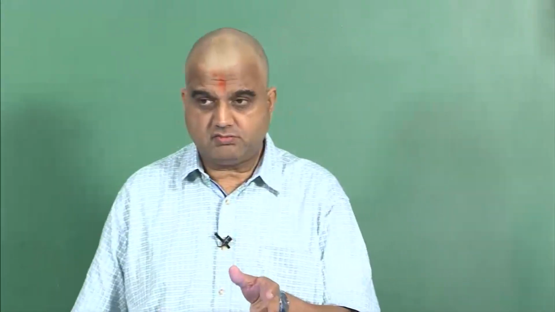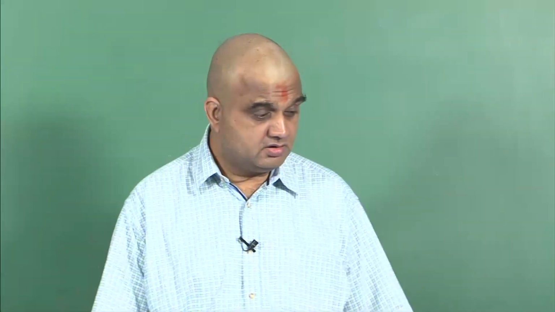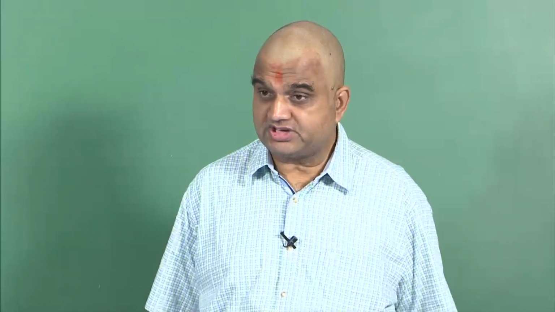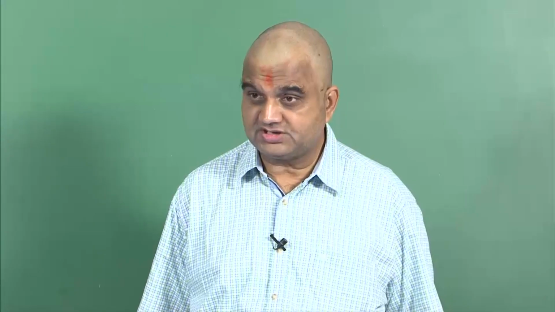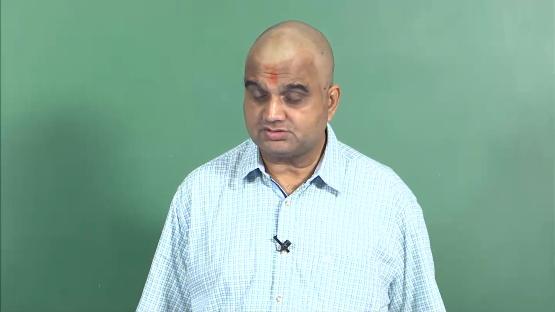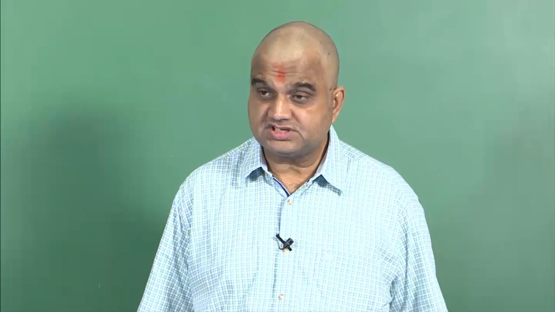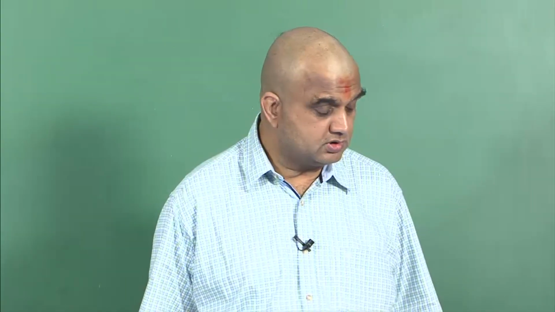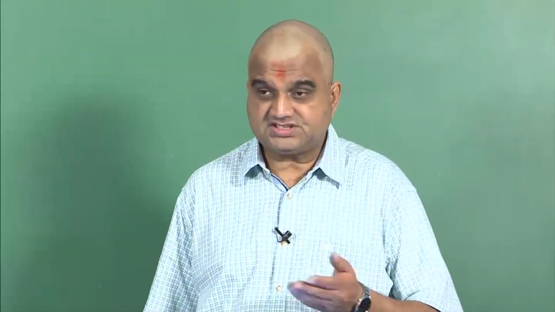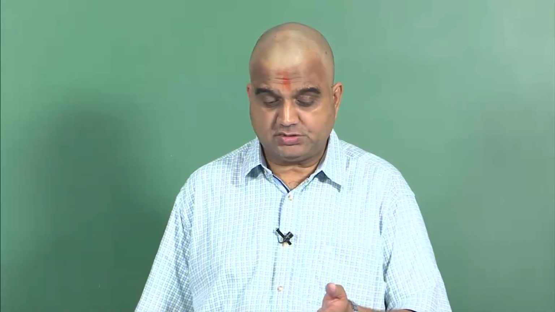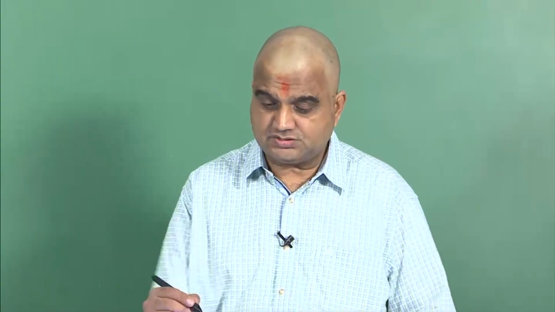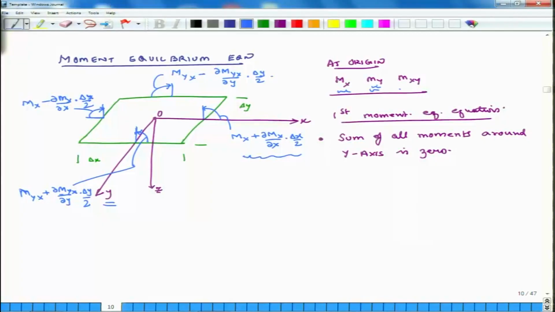around the y axis, but there may be forces also which can generate moments. These forces could be Nx, Ny, but we do not have to worry about those, because Nx, Ny, Nxy are already incorporated in Mx, My and Mxy. But we have also introduced two additional force resultants, Qx and Qy.